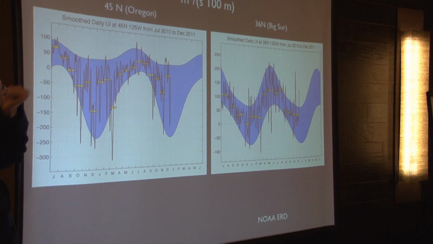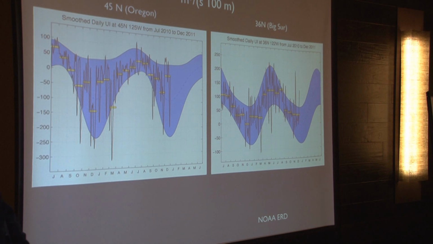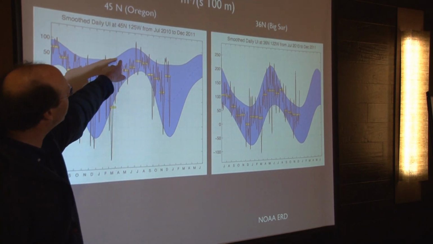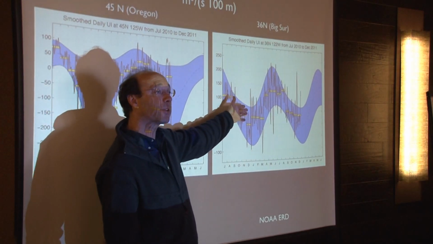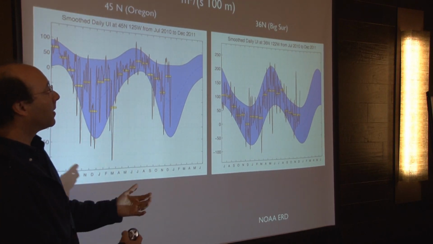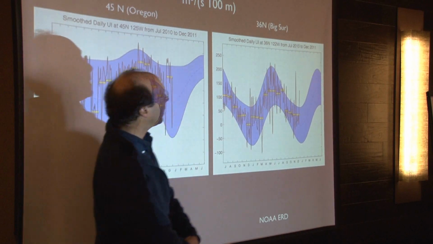And the point is that you have a very large downwelling favorable wind stress off of Oregon or Washington at some times of the year, very upwelling favorable at other times of the year, whereas off the Big Sur coast you have a very strong upwelling favorable structure, although there's a very large seasonal cycle in that as well.